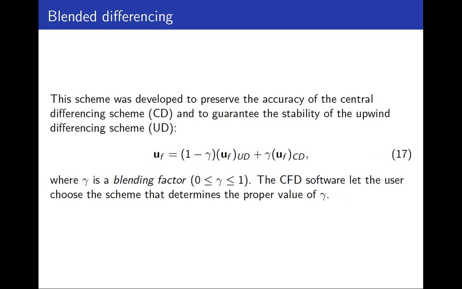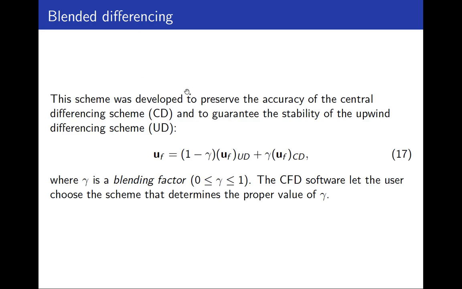So there is another scheme that combines the good properties from the previous schemes that I described. So we have the blended differencing that was developed to preserve the accuracy of the central difference scheme, the CD, and this scheme also guarantees the stability observed in the Upwind difference scheme, UD.